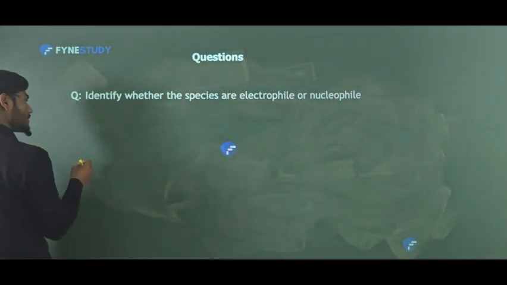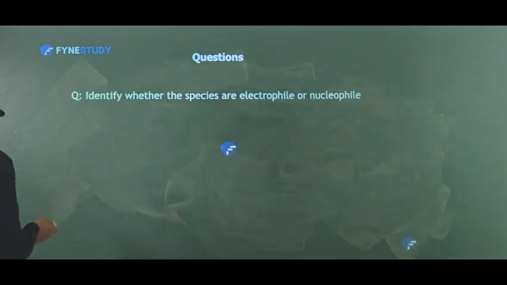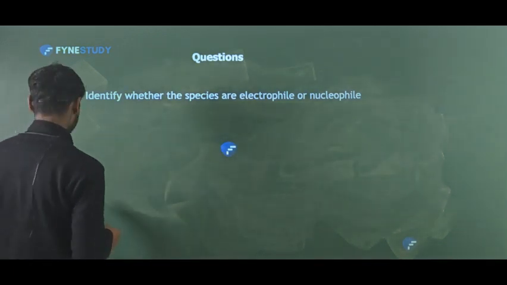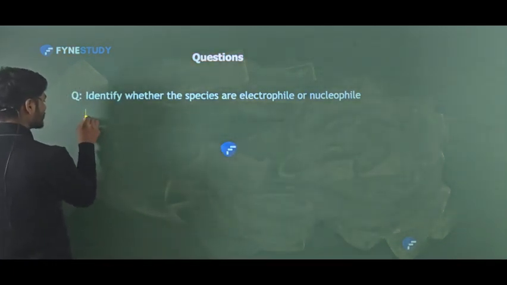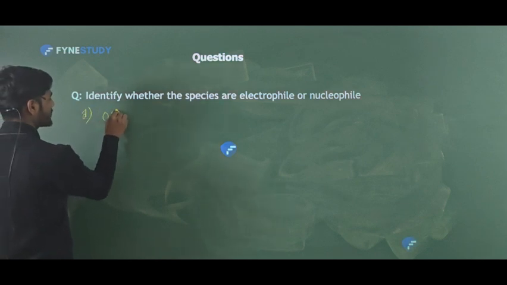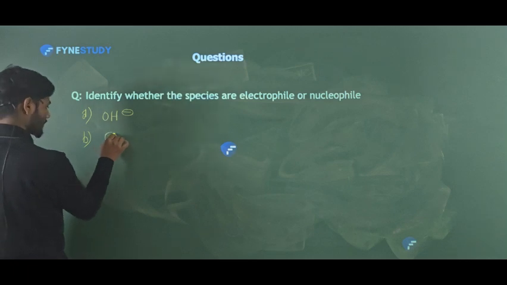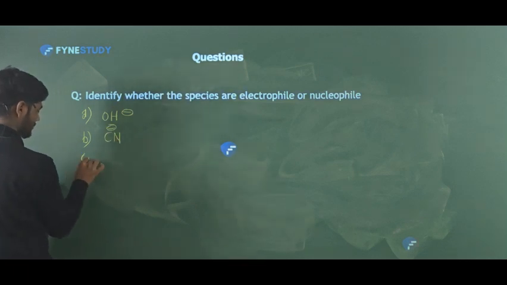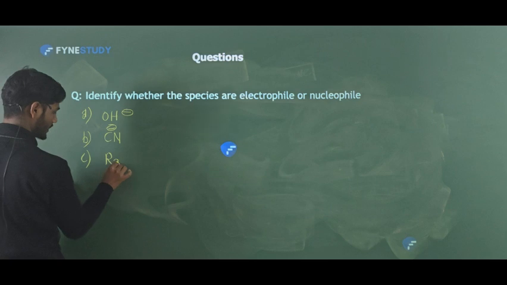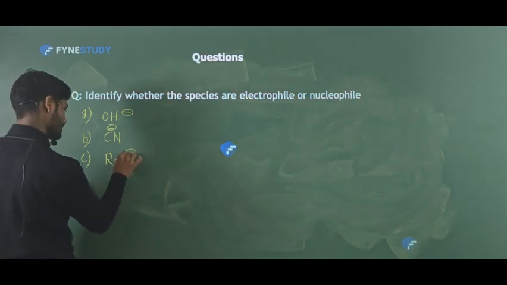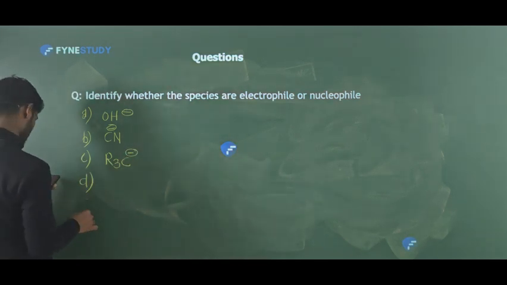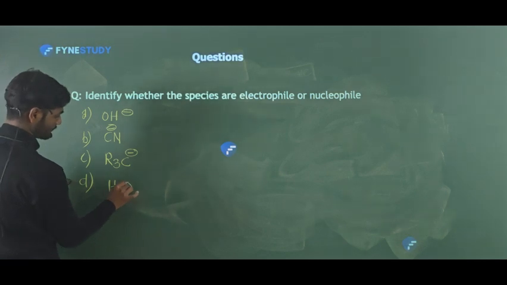Okay, so I'm giving you some species. You have to identify whether each is an electrophile or nucleophile. So first is OH minus, second is CN minus, third is R3C minus, and D is H2O.